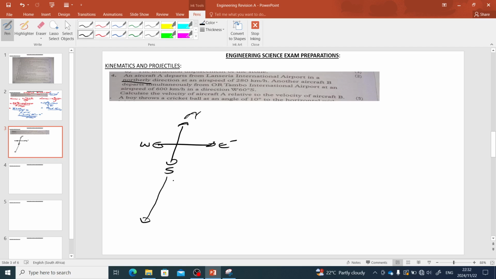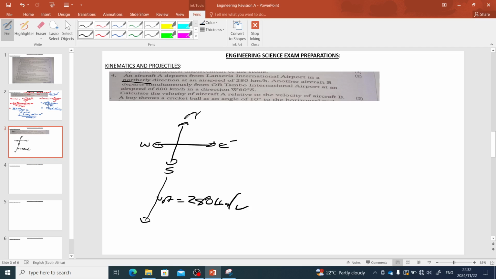North to south. VA, at what speed? 280 kilometers per hour. Then we are told that another aircraft B departs simultaneously from OR Tambo International.